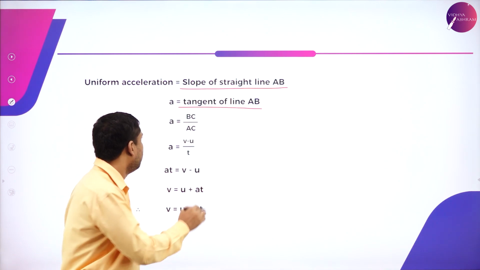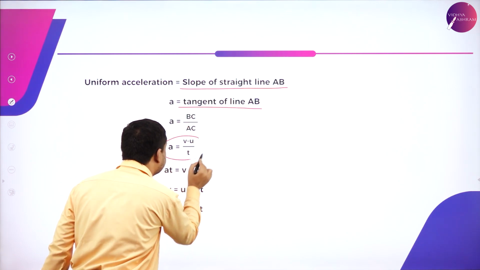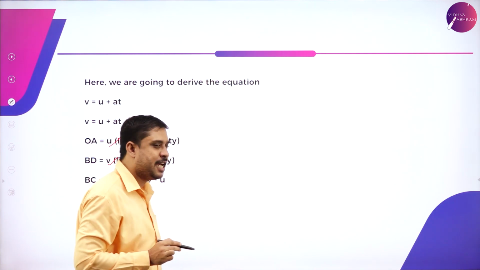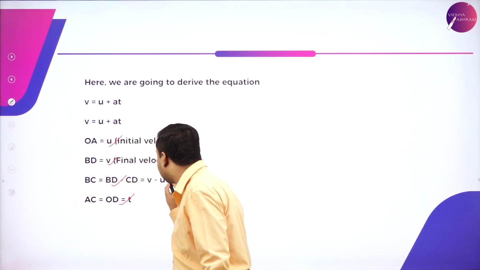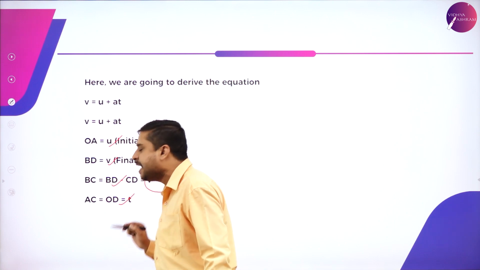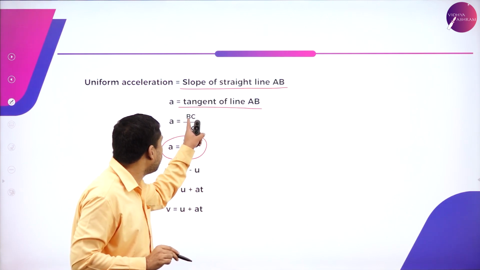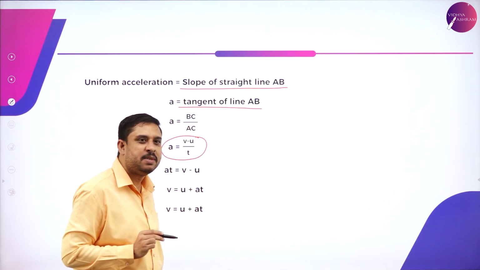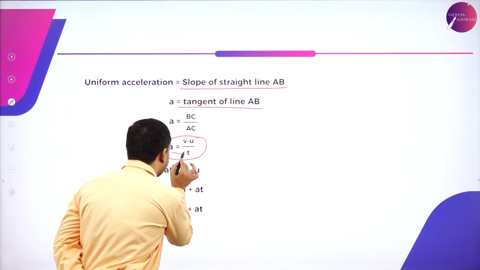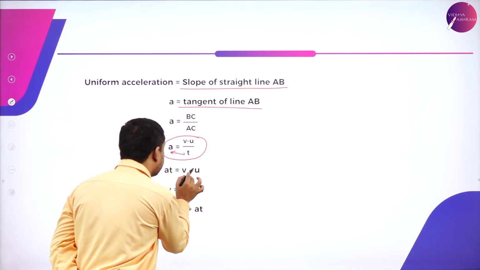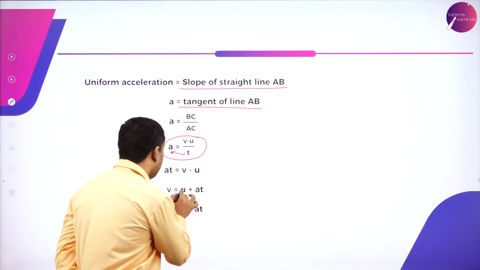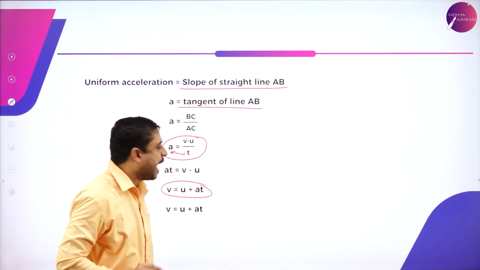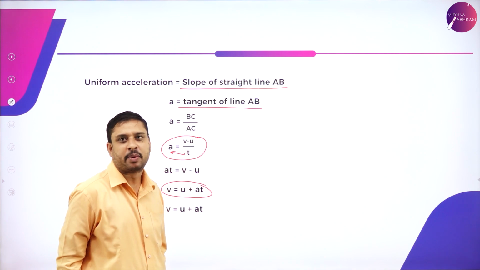Therefore, BC by AC is V minus U divided by T. You can clearly see here, BC is V minus U, AC is T. So BC by AC, BC is V minus U, AC from the diagram is T. Cross multiply, AT is V minus U, or V equals U plus AT, and this is the required expression.